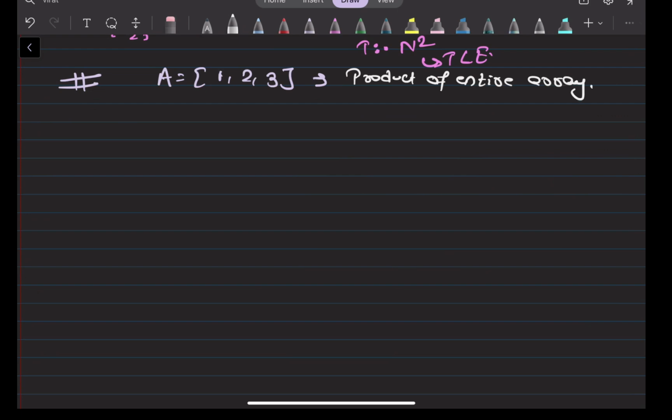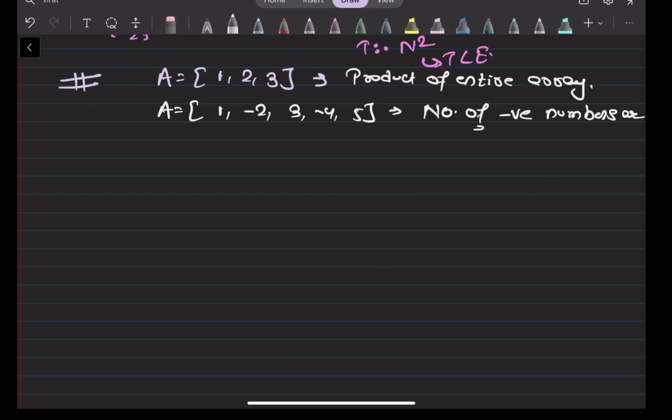Now let's suppose there are two negative numbers, or let's say the number of negative numbers is even. So in this case, can I say again that my answer will be the product of the entire array?